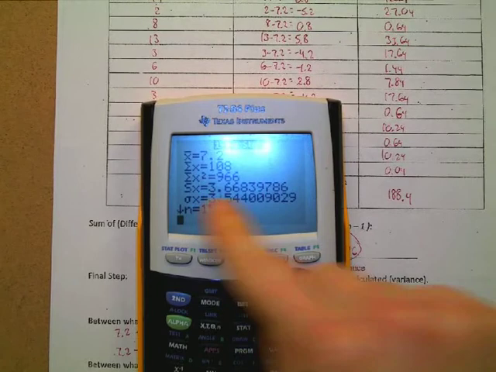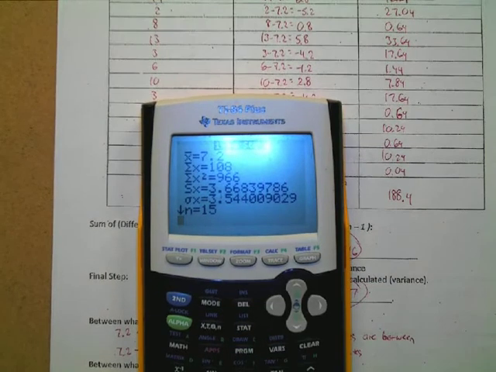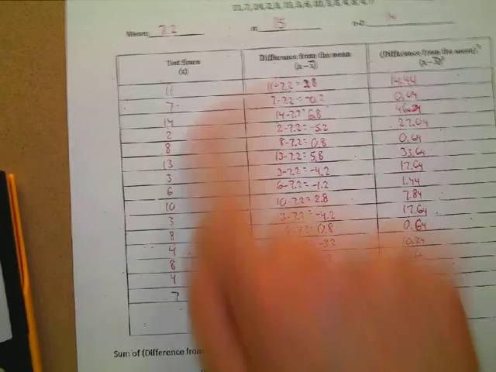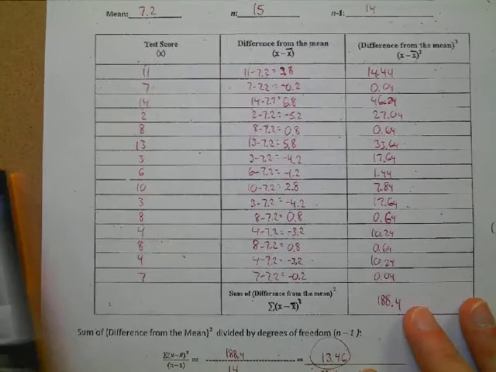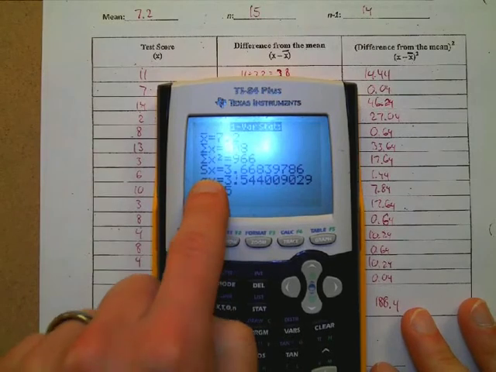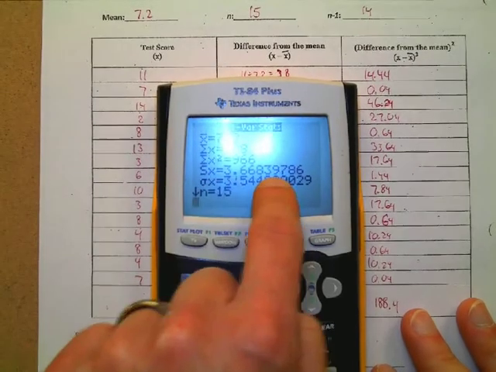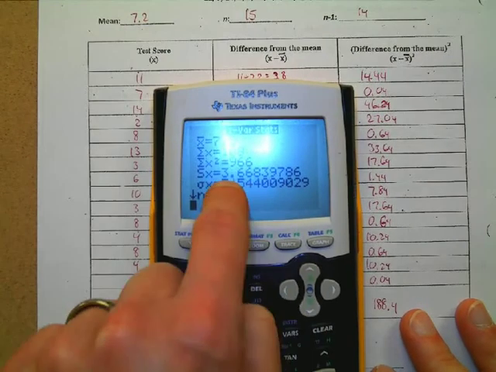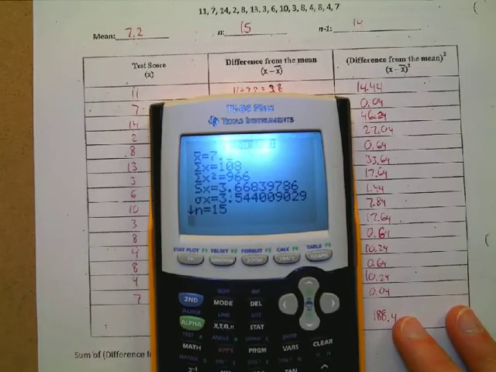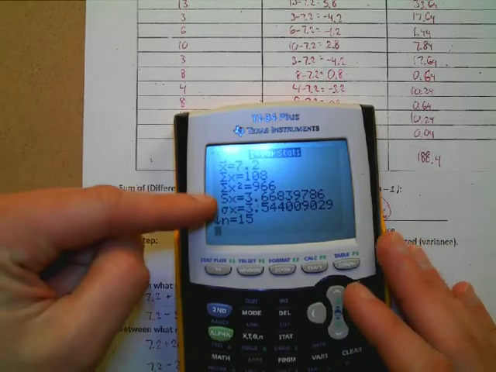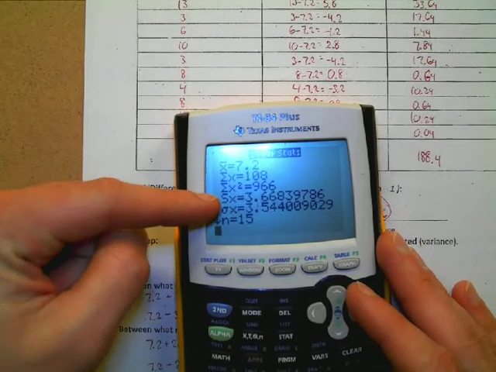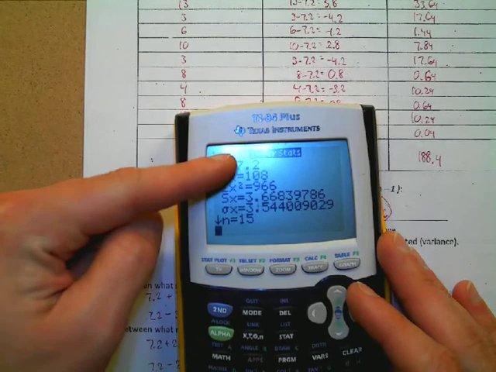So in the future, do you need to do all this work to find your standard deviation? The answer is no. Just use your calculator. Type your data in, 1-Var Stats, and there it is, 3.668. Remember, for 68% of your data, you go 1 standard deviation: 3.66 added to your mean and 3.66 subtracted from your mean.